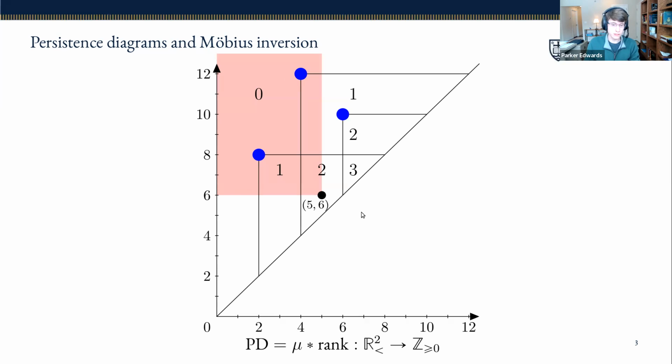And you can prove this in a few different ways, but if you know the typical barcode type decomposition theorem for one parameter modules, then you know that this Mobius inversion, the persistence diagram, takes on non-negative values everywhere on the upper half plane.